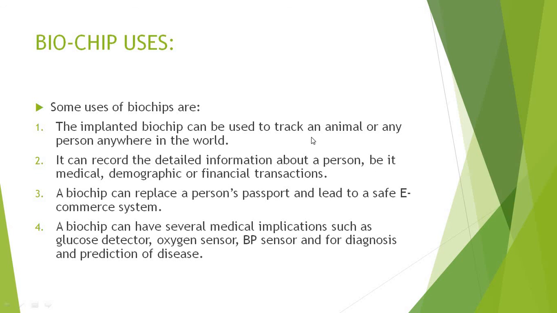Biochip uses. This biochip which is implanted can be used to track animal or any person anywhere in the world. It can record the detailed information about a person related to medical or financial transactions.